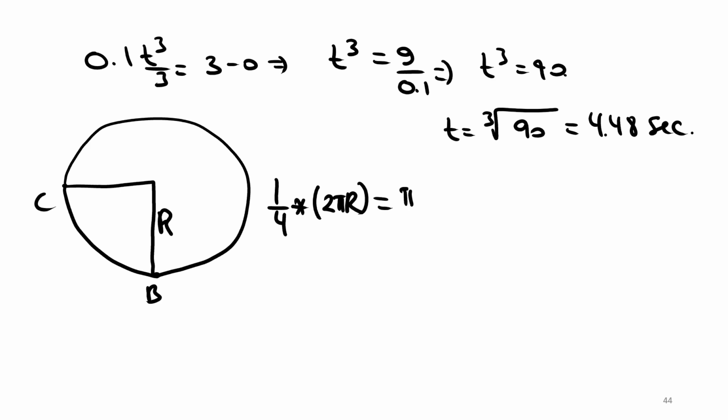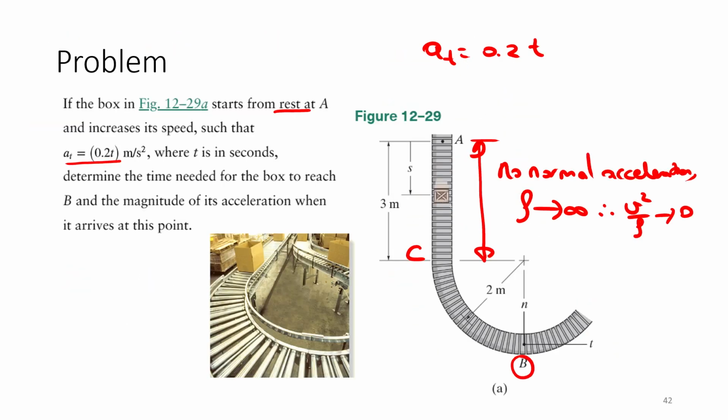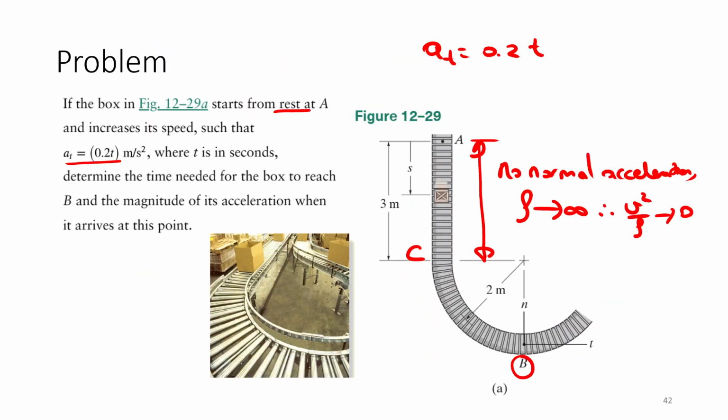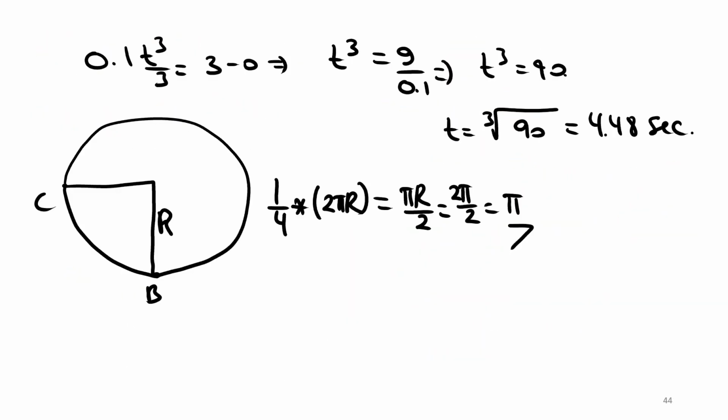So it will be pi r by 2, and then the question says that r is 2, then it will be 2 pi by 2, and then it is pi. And this is the distance.